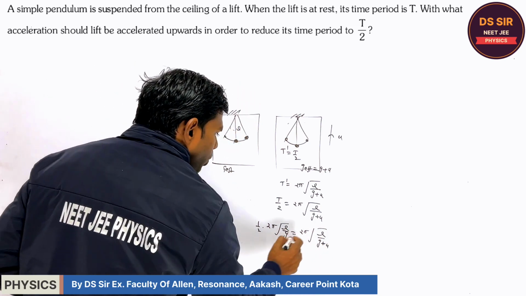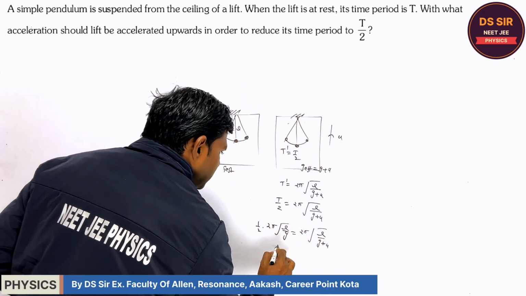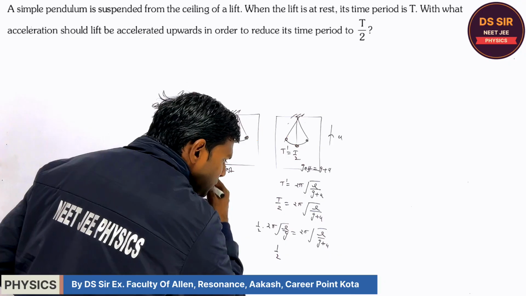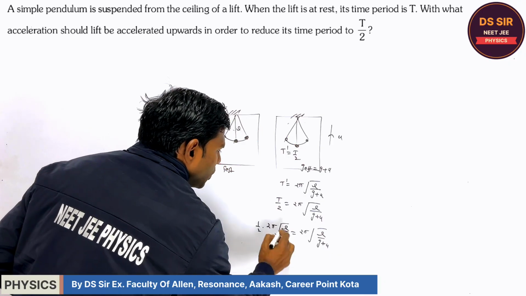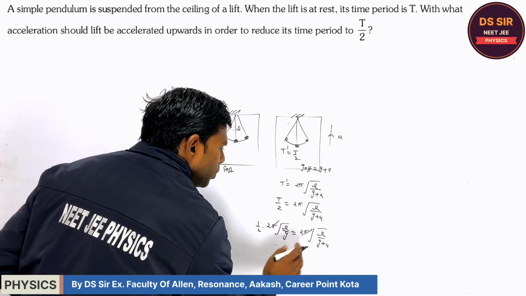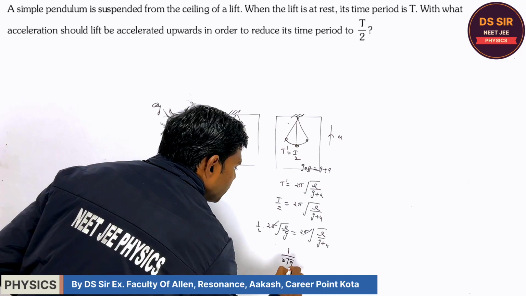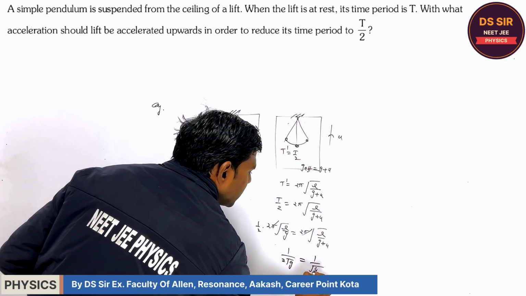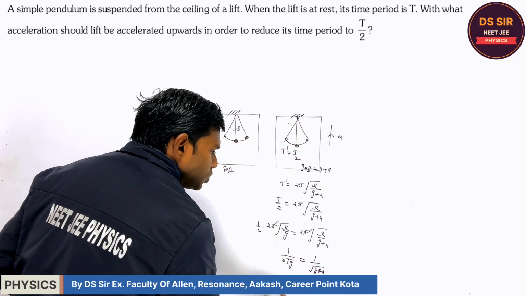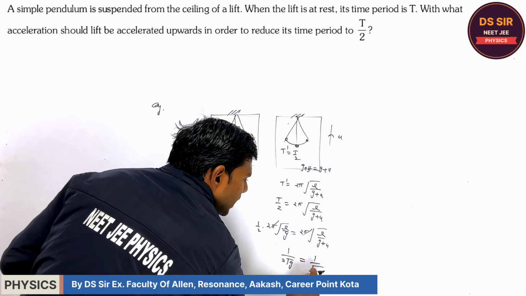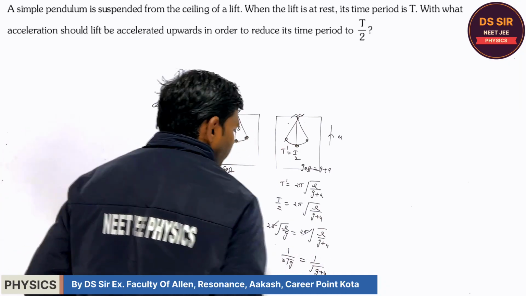Right, so something will cancel out. 1 by 2 is equal to, tell me, 2 pi cancels out, root L cancels out, 1 upon 2 root g is equal to 1 upon root (g plus a), right. So from here the value of acceleration a we can find.